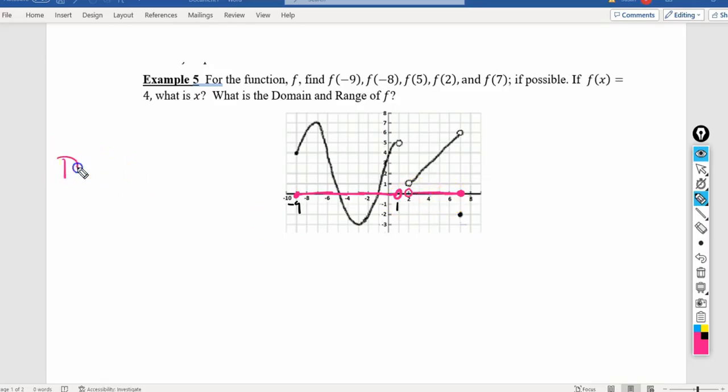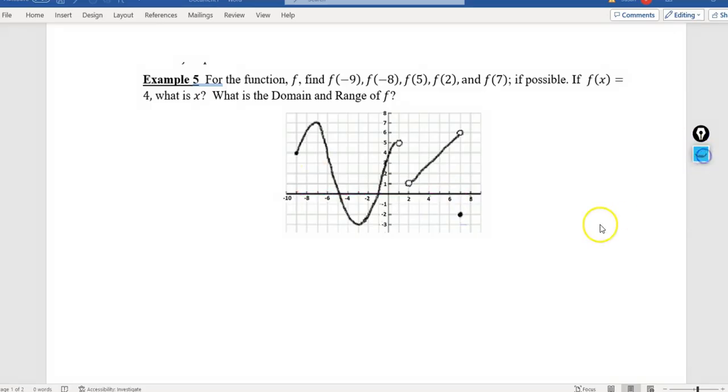So my domain is going to be, reading this from left to right, -9 to 1. 1 is not included. Then there's a gap. I pick it up again at 2. And then I continue until we get to 7, and 7 is included. Okay.